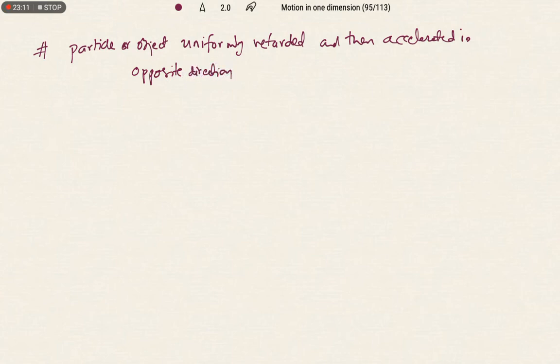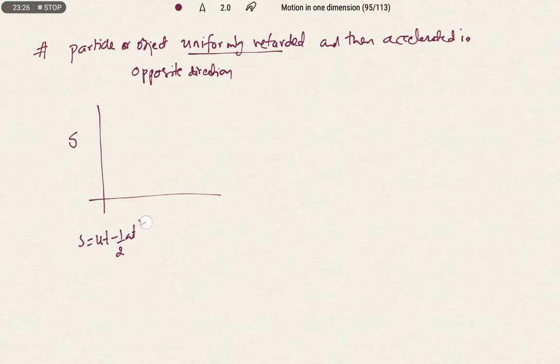So for this, the position time graph: if uniformly retarded for some time, the graph we are going to get is s equals ut minus half at square. After some time, it is moving in the opposite direction.